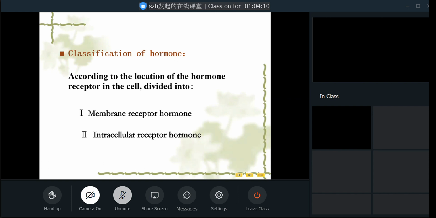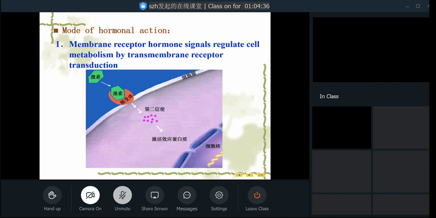Here you can see the hormones you already studied in physiology. Some hormones are only transported as a signal and bind with the receptor. Some hormone molecules may be transported into the cell and bind with the intracellular receptor.